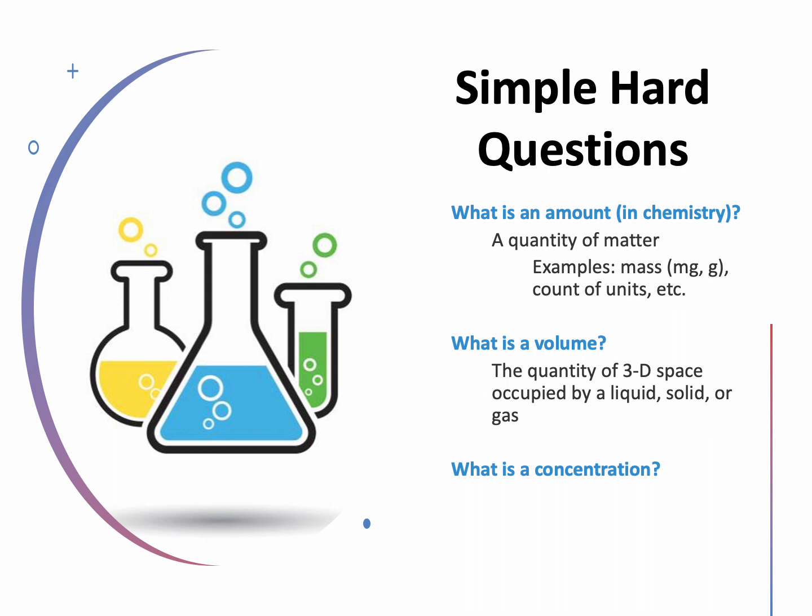So it's a 3D space, and it could represent a liquid, a solid, or a gas. So one's a quantity of matter, one is a 3D quantity of space. And a concentration, well, it's simply the amount per volume, right? So we talk about milligrams per milliliter, units per liter, grams per liter. It could be anything, right?